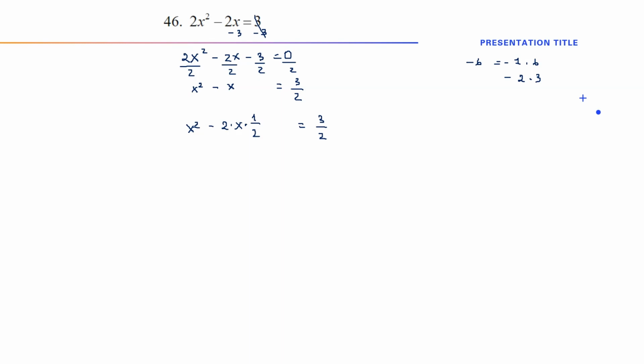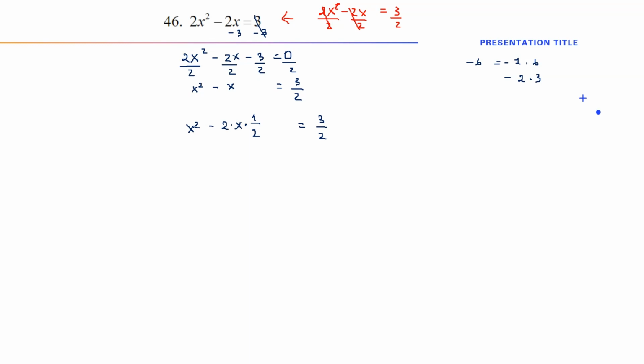Why do I have the 3 over 2 on the right-hand side? Because we can use the original equation: 2x squared minus 2x equals 3. Divide both sides by 2, and we got that.